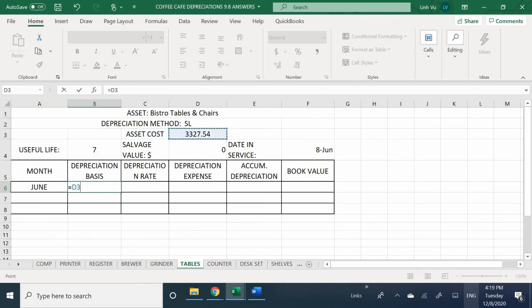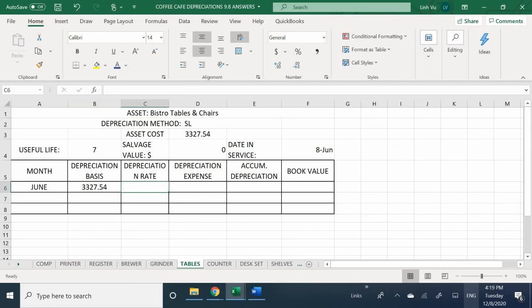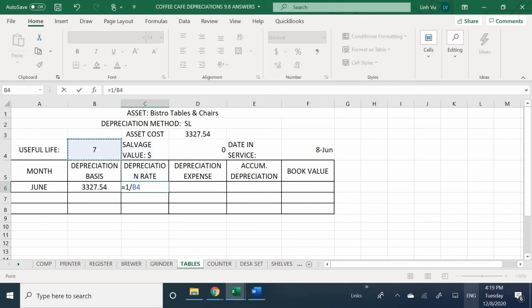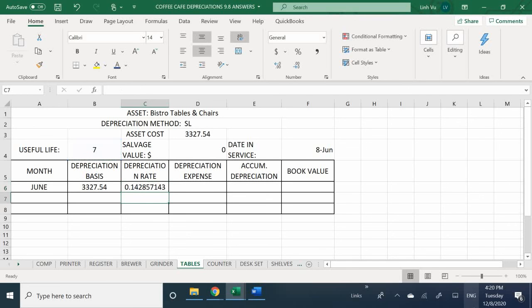This is the 3,327.54, and the rate is going to be 1 divided by 7. What did you get?